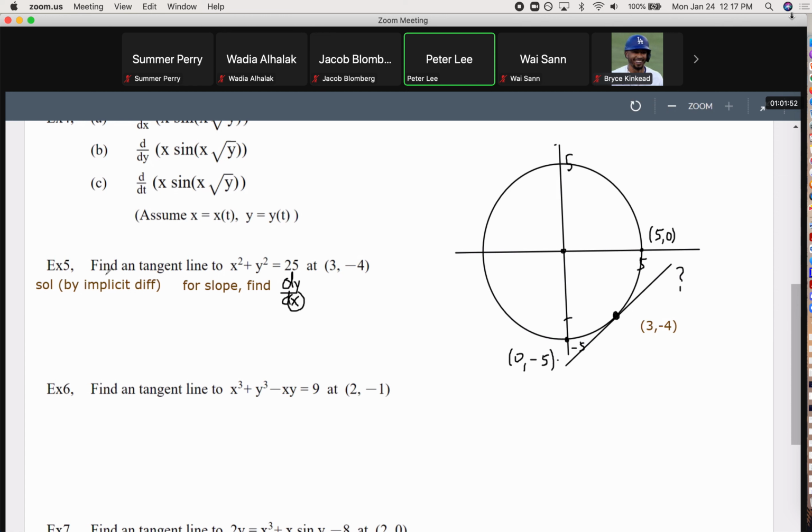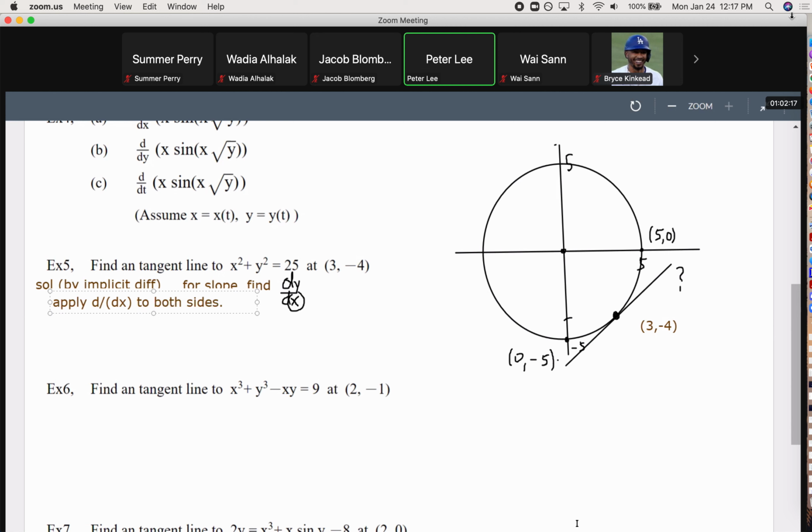So what we do is apply d/dx to both sides. Apply what? d/dx to both sides. So d over dx. You have to apply d/dx to both sides.